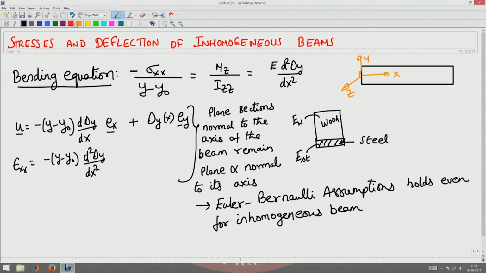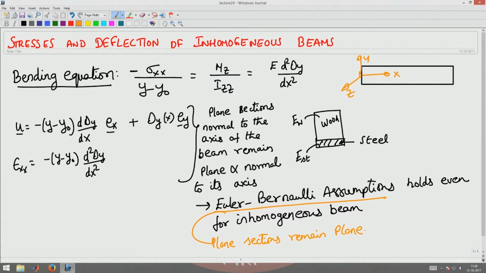This assumption is called the Euler-Bernoulli assumption or the plane sections remain plane assumption.